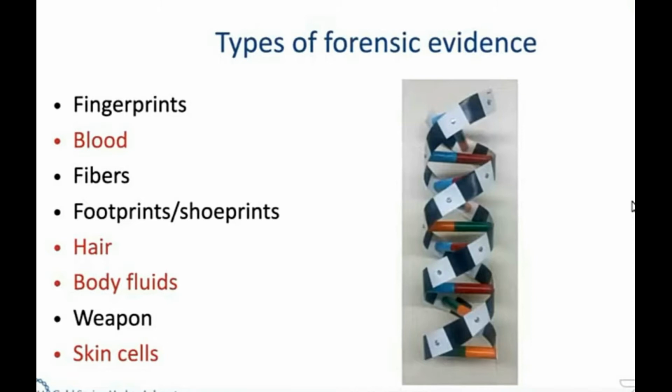So some types of forensic evidence that might be recorded at a crime scene are fingerprints. That is usually one of the most common answers I get. Blood, from a victim or perpetrator. Fiber, a thread left from a piece of clothing, if someone's clothes snagged on something. Footprints or shoe prints, similar to fingerprints but left by somebody's feet or shoes.